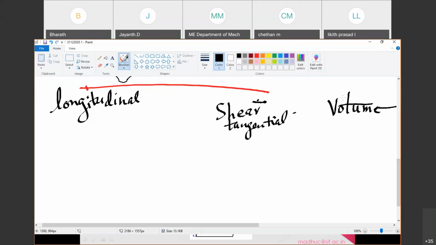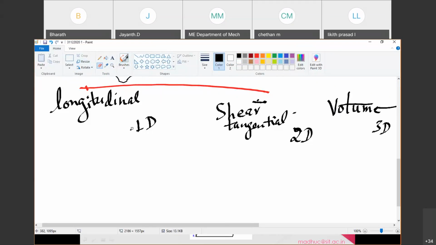In simple words, I will call these something like 1D, 2D and 3D. I will tell you what this 1D, 2D, 3D is.